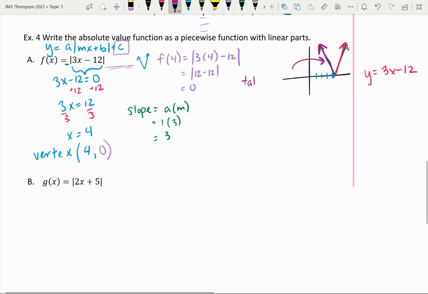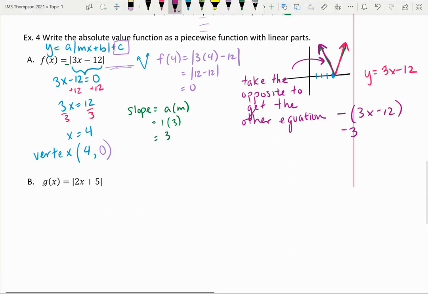So take the opposite to get the other equation. So I want the opposite of 3x minus 12.